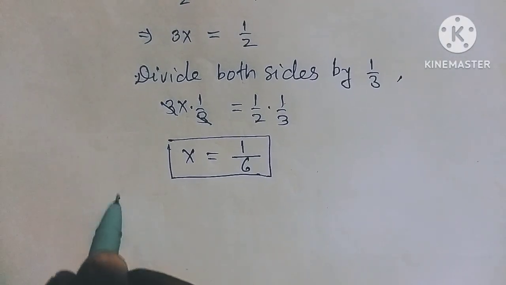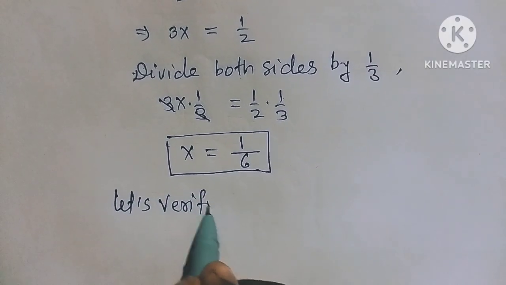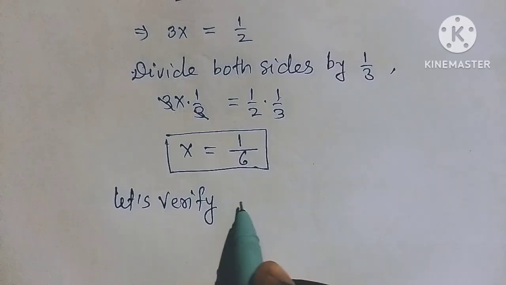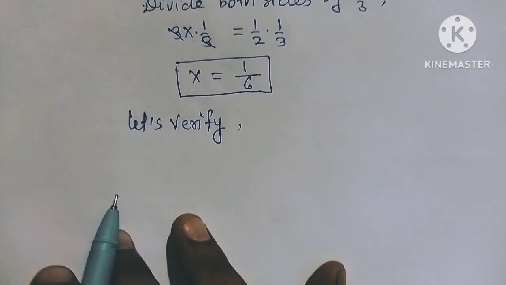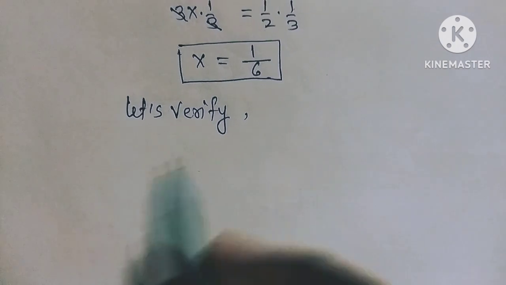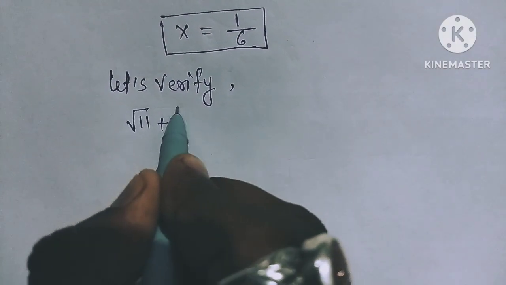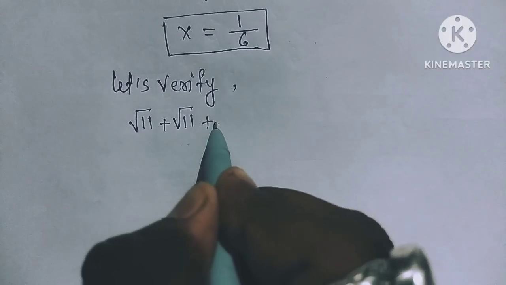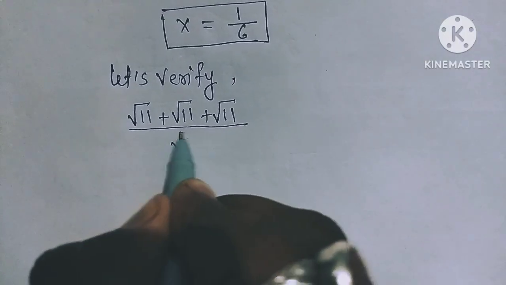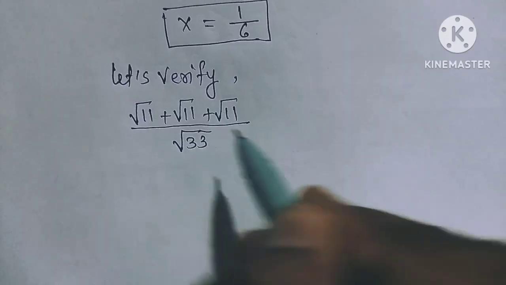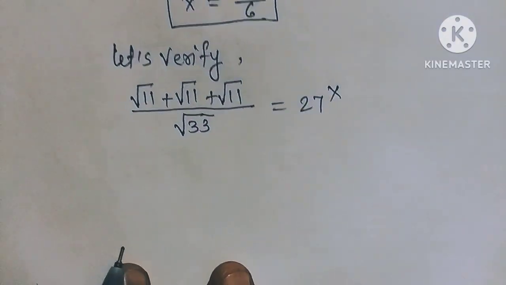Now let's verify. Under root 11 plus under root 11 plus under root 11 divided by under root 33 equal to 27 raised to the power x.